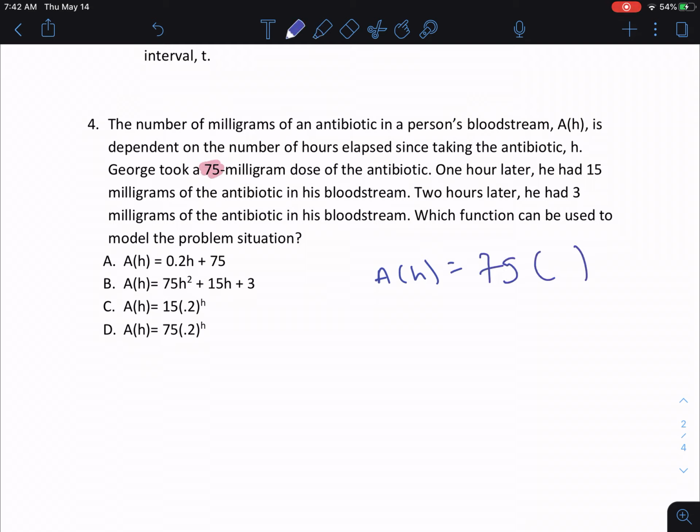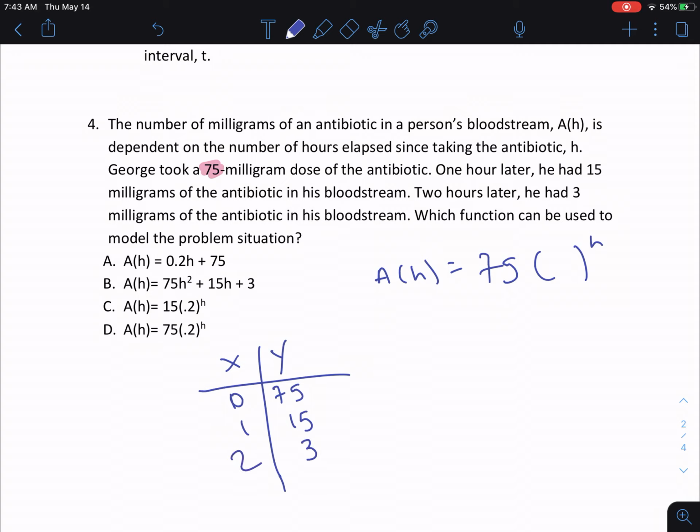And we have something to the H here, our time. 1 hour later, he had 15, so let's do our XY chart, milligrams. So at 0 hours, he had 75. 1 hour, he had 15. 2 hours, he had 3.